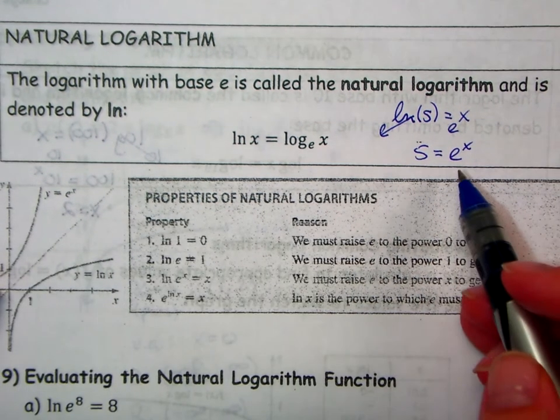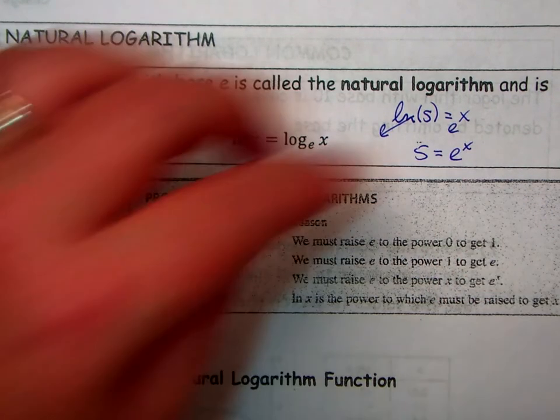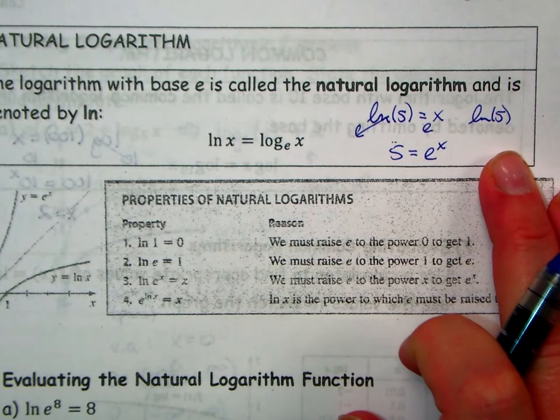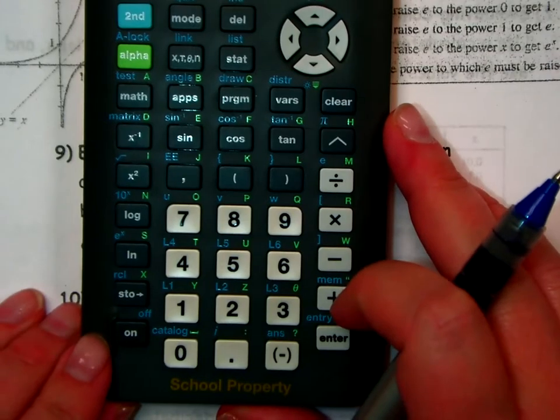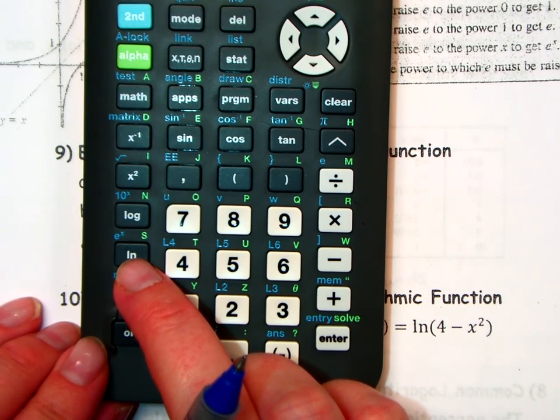So maybe this is a bad example because we're not really going to solve for x here. If I wanted to do ln of 5, I could just type that into the calculator. The ln button is right below log here. Just remember this is log base e.